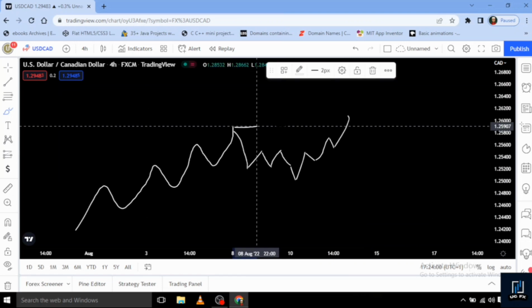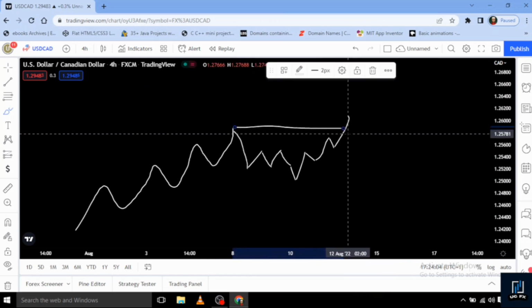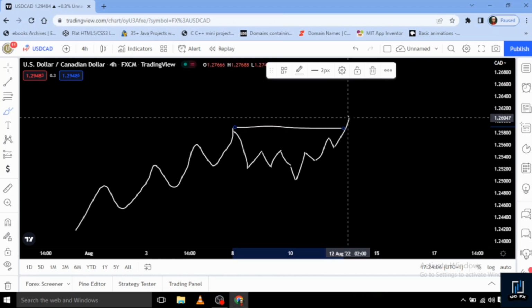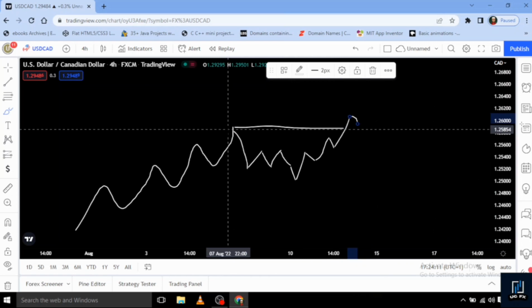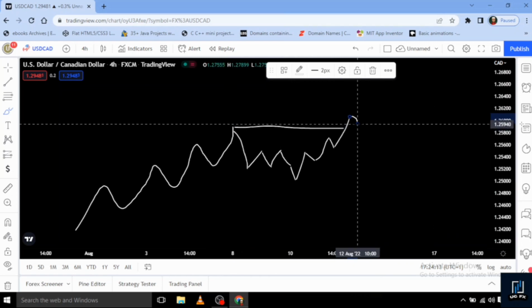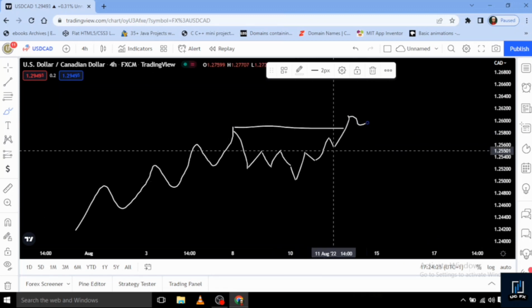As price took out this high, most traders that trade the breakout and retest will start buying inside this area when price retests this high, to enter their trades. And then what will happen next? The big players will start selling because we have this trend line here as well.